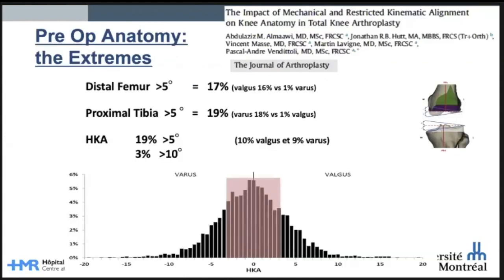In our group of 4,800 patients, if we look at these extreme anatomies, there was around 20% of distal femur above 5 degrees and proximal tibia above 5 degrees, leading to a HKA of more than 5 degrees in 19% of the cases and a HKA of more than 10 degrees in 3% of the cases.